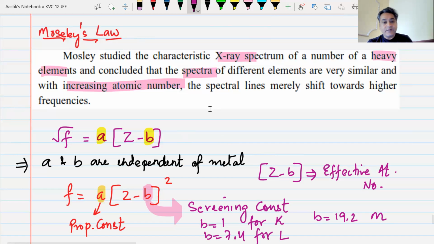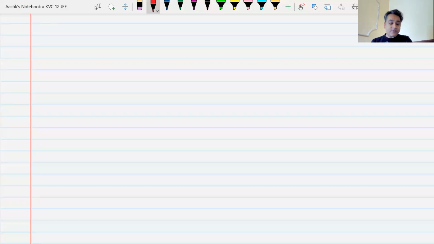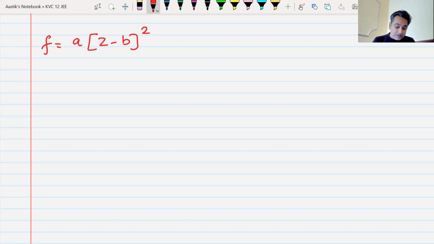If I write the formula of frequency from Moseley's law, I can write this as a constant, remember, a proportionality constant, into Z minus B whole square. This is the formula that I have derived from Moseley's law. Do we understand this?